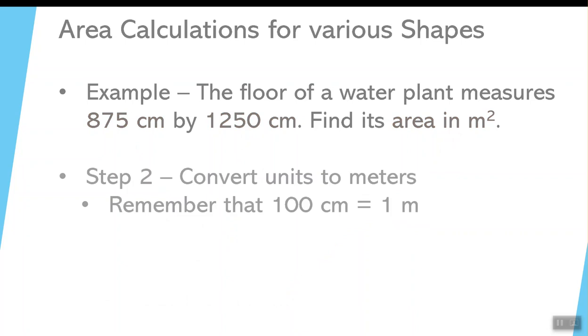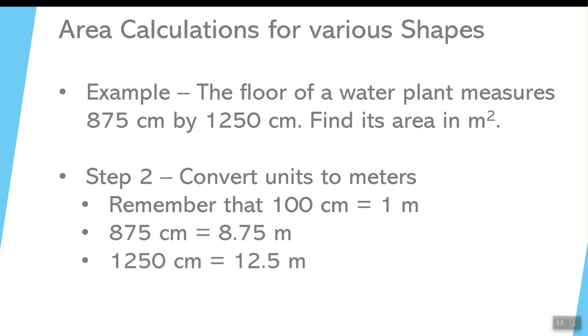Once you've identified your key words, make sure that they are in meters, not centimeters. So you have to convert that 875 centimeters to meters, and that's 8.75 meters. Likewise, 1,250 centimeters is 12.5 meters.